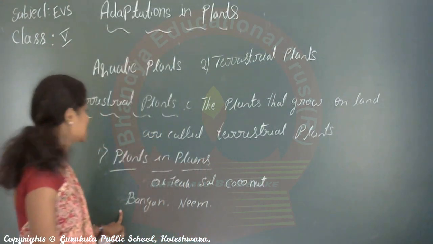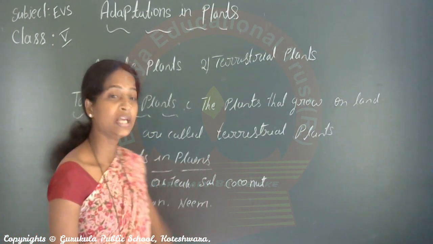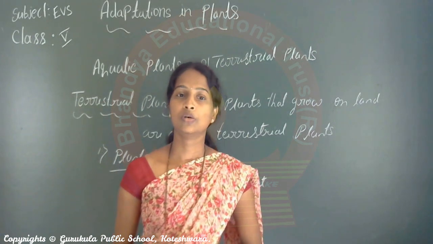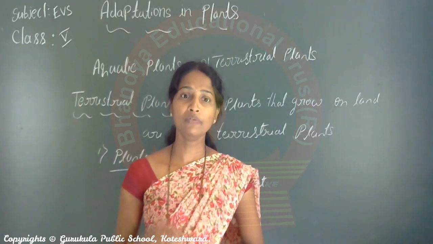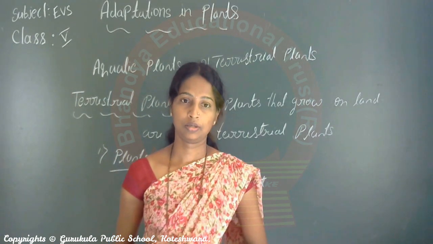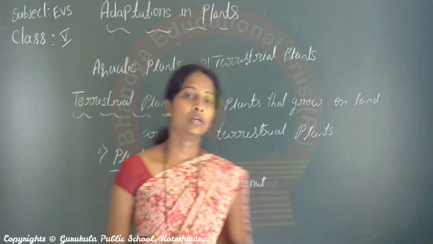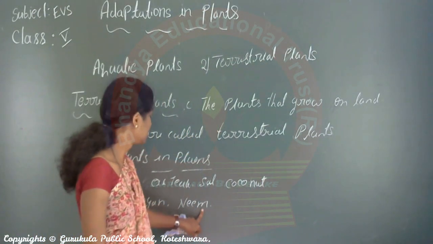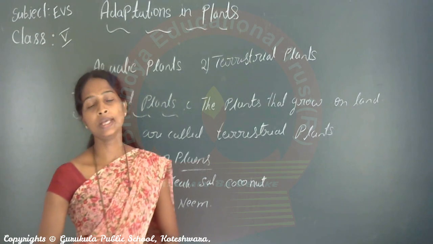Some plants such as banyan and neem shed their leaves once a year, in winter. Then they get new leaves in the summer.